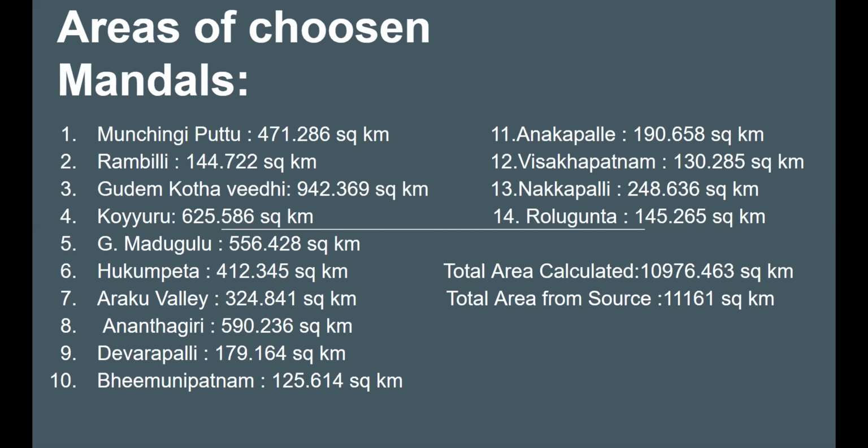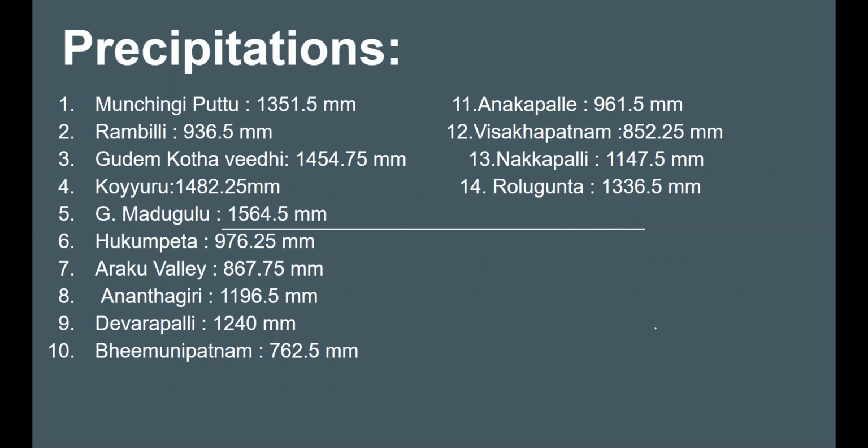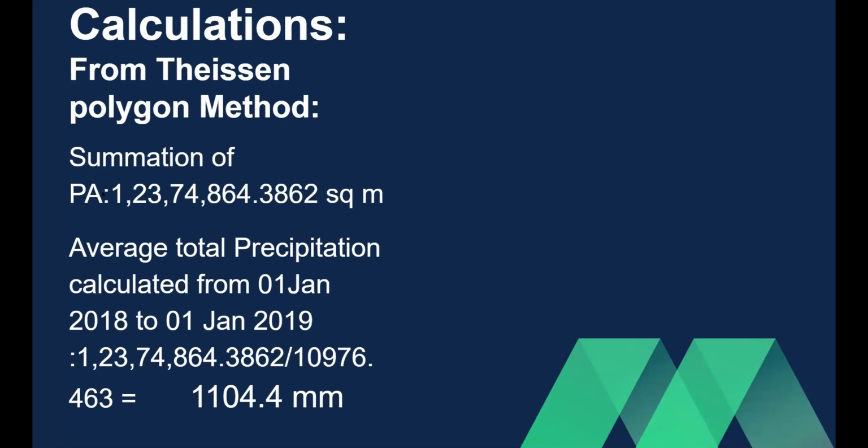The total area came out nearby, but it's okay. And these are the precipitation values after calculating for the whole year. From this method, we take the summations of the precipitation and the area of the Thiessen polygons, and finally the calculations.